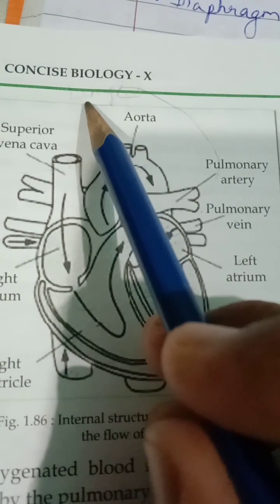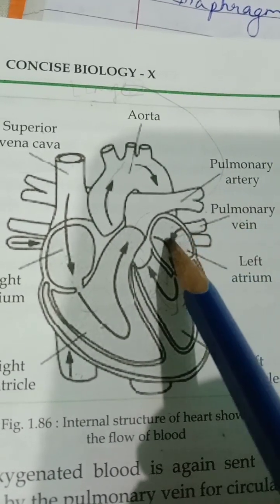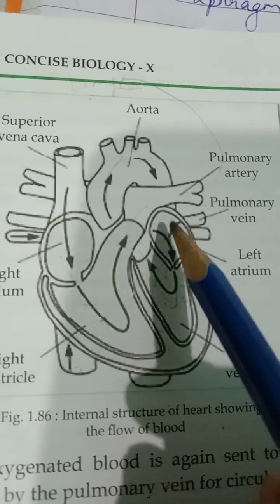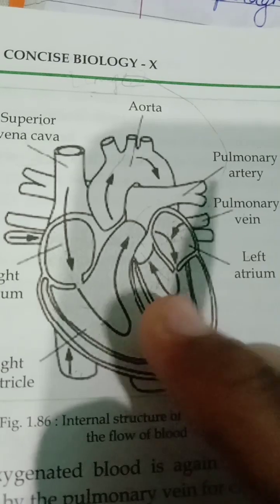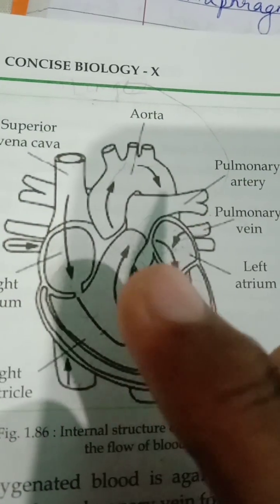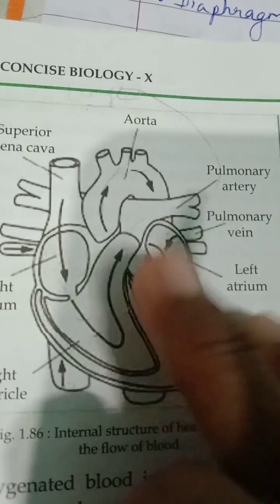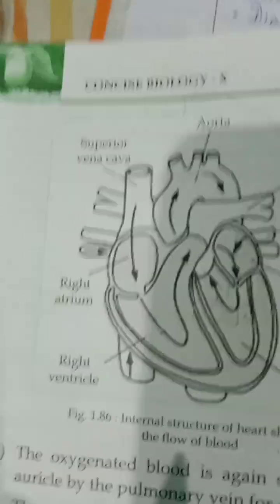Again, from the lungs, the pulmonary vein will bring the oxygenated blood inside, and the process goes on like this. In this process, 2 times the blood is entering our heart. That is why our circulation is called double circulation.